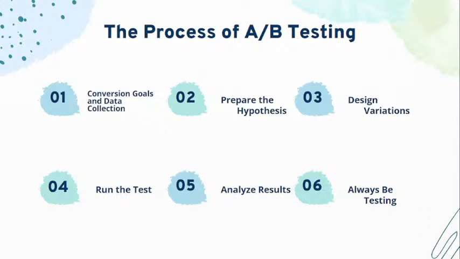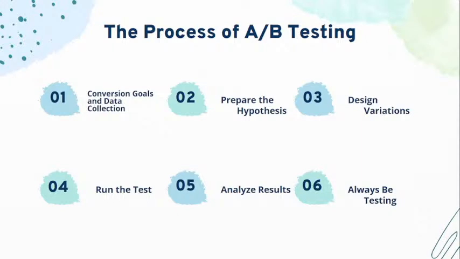Heat map tools are a key technology used to determine where the most time is spent by the user, their scroll and their scrolling behavior, etc. So it helps you to understand the areas on the website which are more responsive. Okay, so this is very useful to research for conversion goals and data collection.